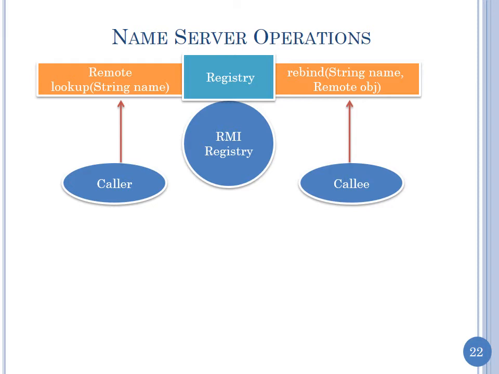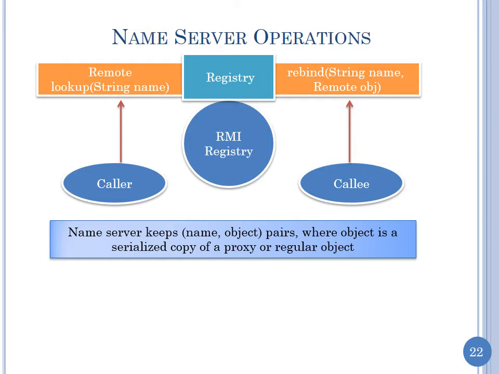That's just the name that RMI gives. So RMI registry is the process, and Registry is the type of the object on which you invoke rebind and lookup. You don't invoke operations on processes. You don't invoke operations without there being any class or type associated with it. So Registry is the type.